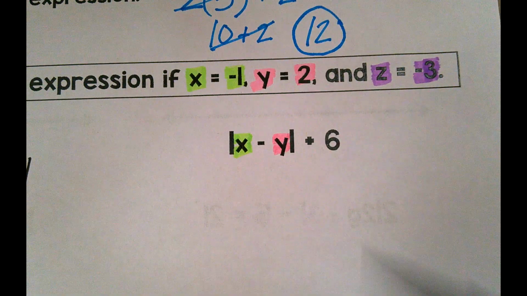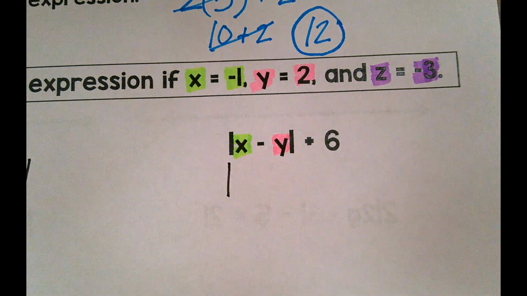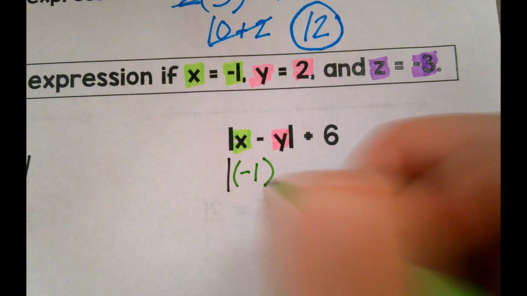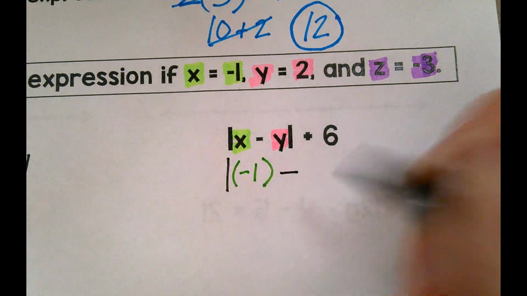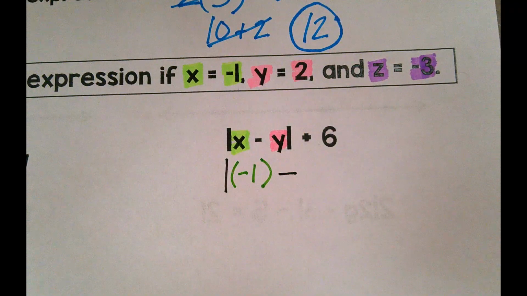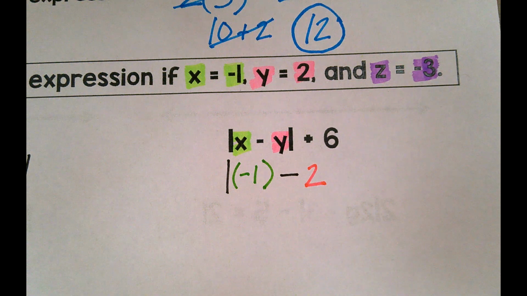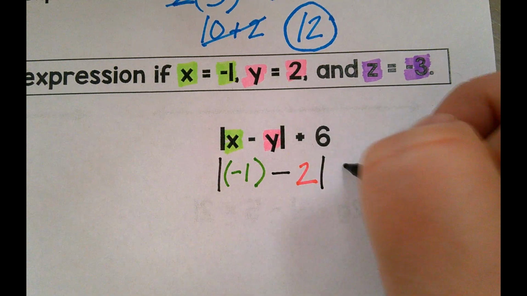I'm going to write my absolute value bars, and I'm going to plug in -1 minus y, which is 2, and then my absolute value bars, plus 6.